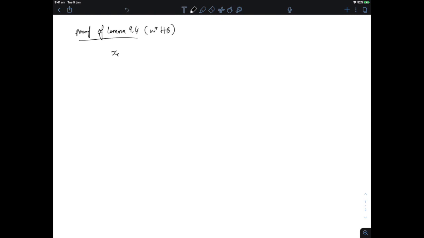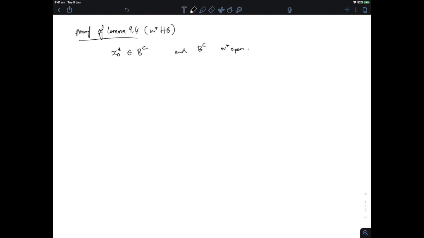I have an element x naught star, which is not in my set B, so it's in the complement of B. Now the complement of B has to be weak star open, because B itself is weak star closed.